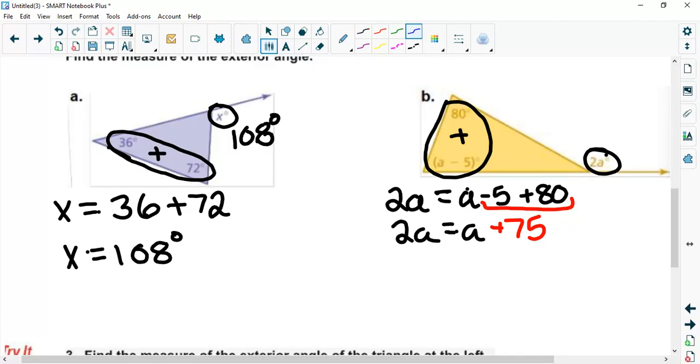Now in this equation, I have my variable on both the left and the right. So I'm going to take this 1A on the right, I'm going to subtract it because it's positive to move it to the left. And I find that A is equal to 75.